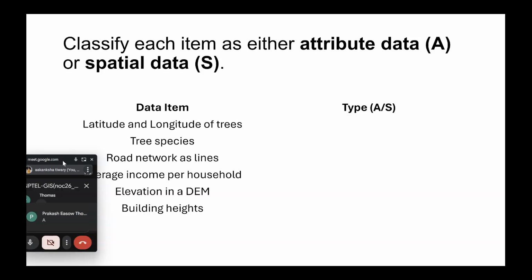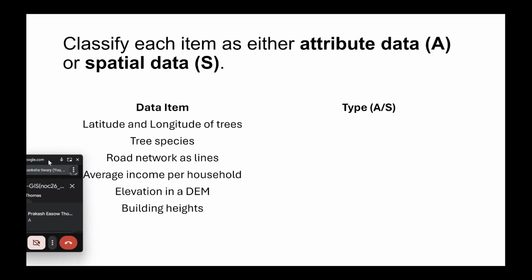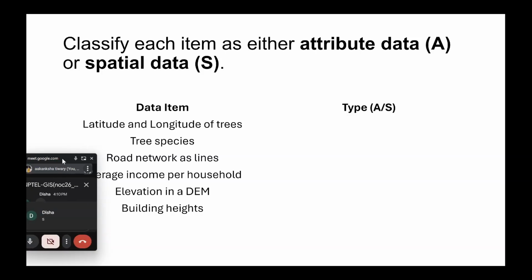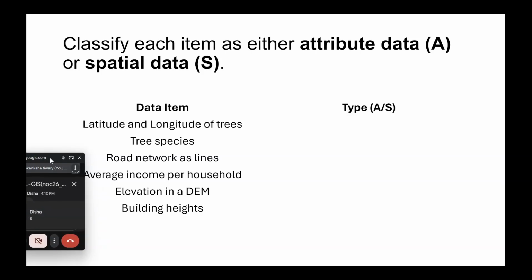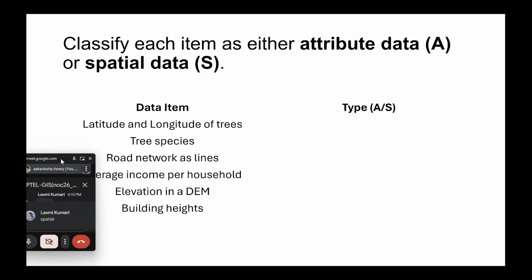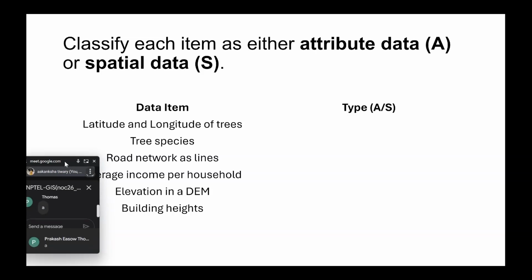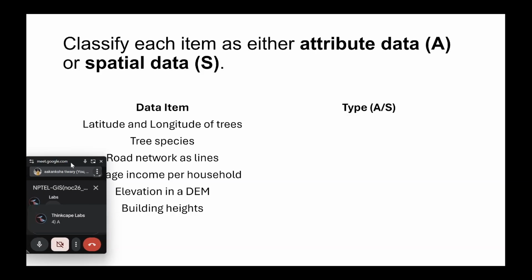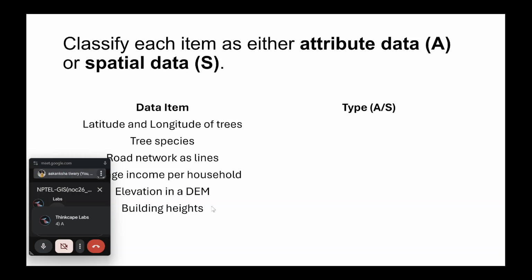Now, road network as lines. So, what is this? Road networks, spatial. Now, next one is average income per household. Yes, so this is going to be attribute. Next is elevation in DEM. What is this?